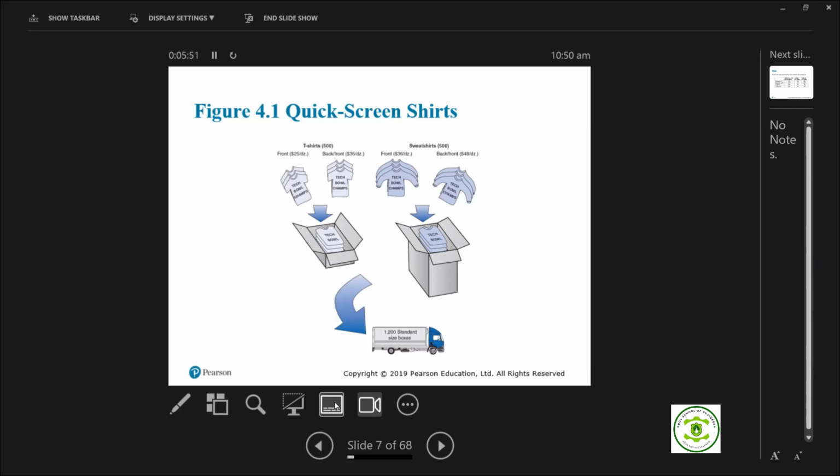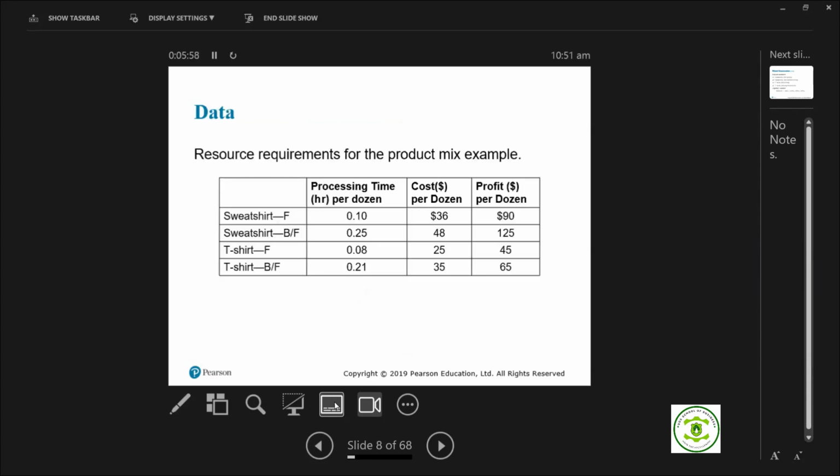Okay. So given this, we can then construct better and better particulars about the problem. Remember we've seen this before: the processing time, the cost or the budget, and then the profit. So we can use this to formulate the objective function.